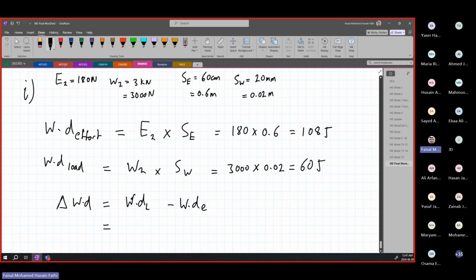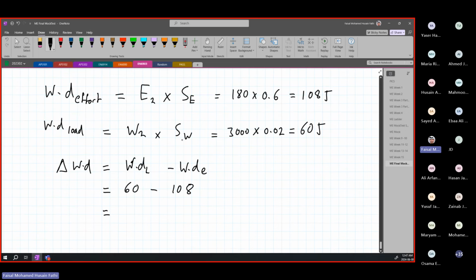In other words, it is 60 minus 108, which is minus 48 joules. The reason we did work of load minus work of effort is that load is our output, the final value that we are getting, and the effort is the input. So it's output minus input. That is the whole idea.